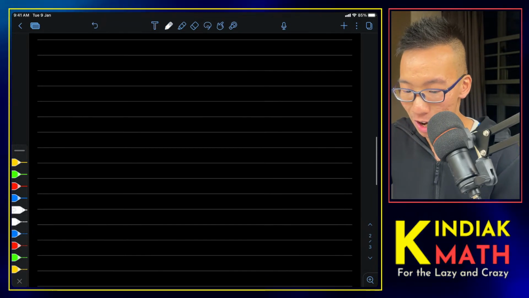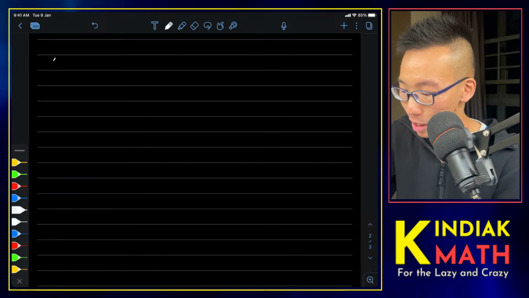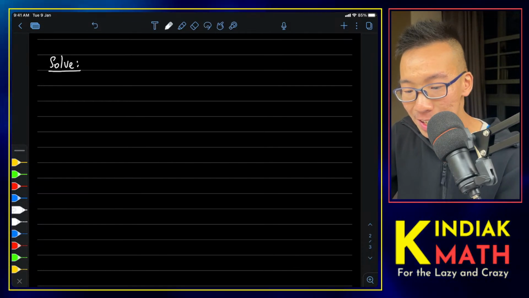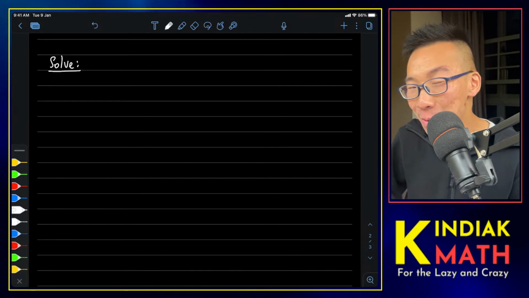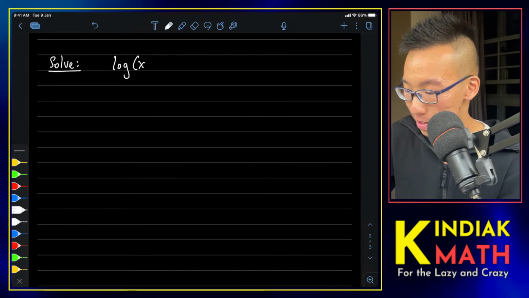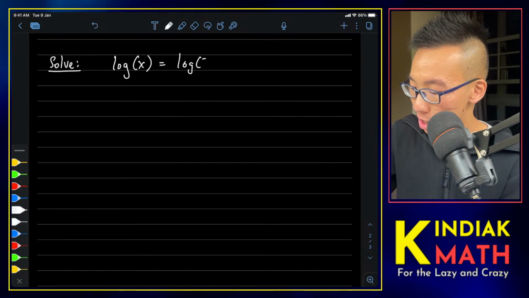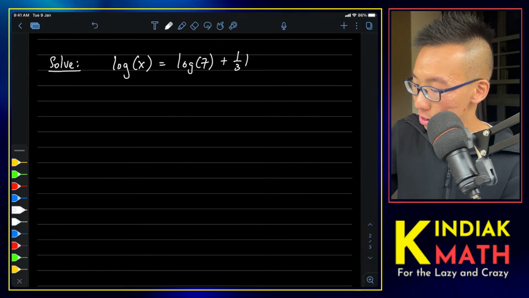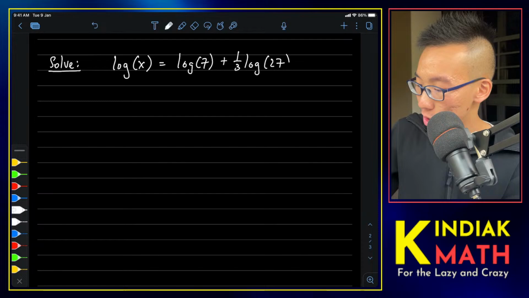For the next question, we're now going to solve a logarithmic equation. So there is a clear emphasis on equation solving. We're taking the logarithm of x equals the logarithm of 7 plus 1/3 the logarithm of 27.